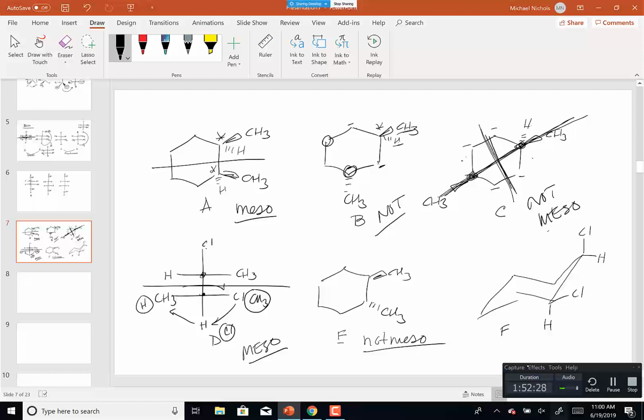Chair cyclohexane. Meso or not meso? Yes, meso. What else? What do other people think?